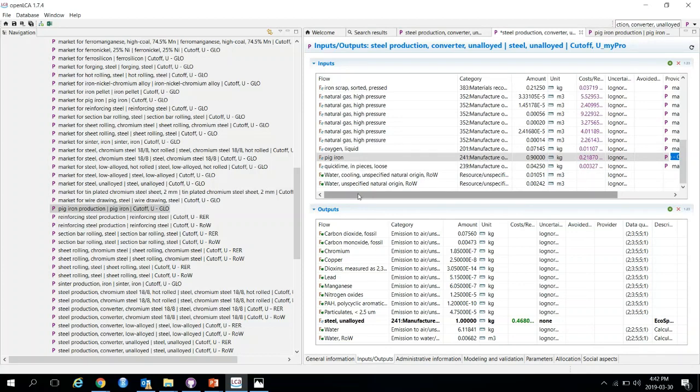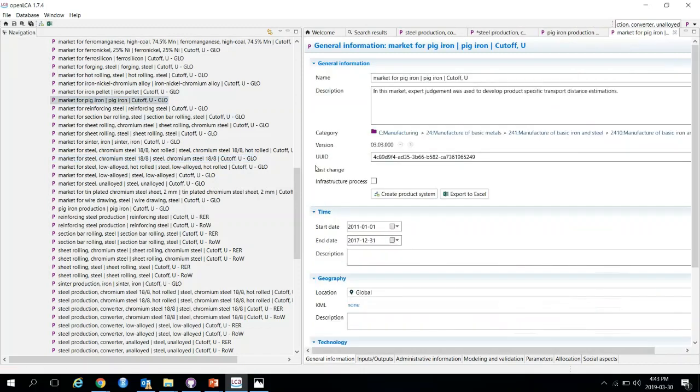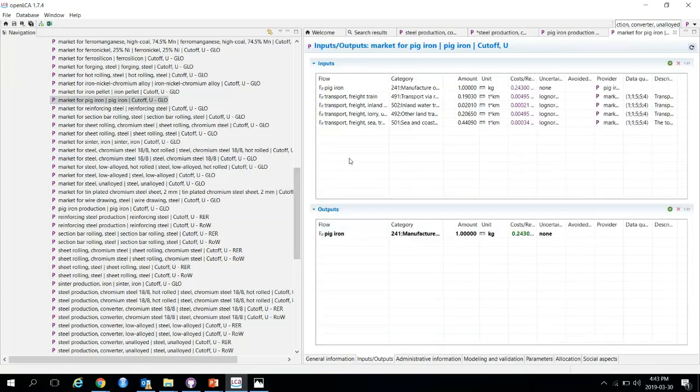But now what happens is that we're not accounting for the correct amount of transportation, because the original one assumed a certain amount of transport. We could look that up if we go to the market for pig iron. The original ecoinvent process assumed a certain amount of transport, and you can see it here.